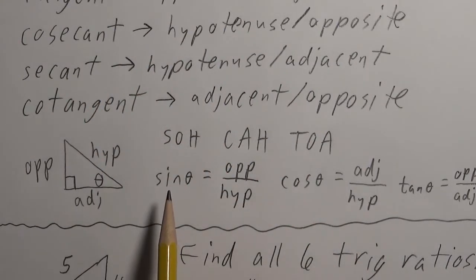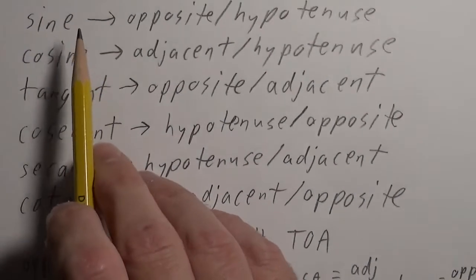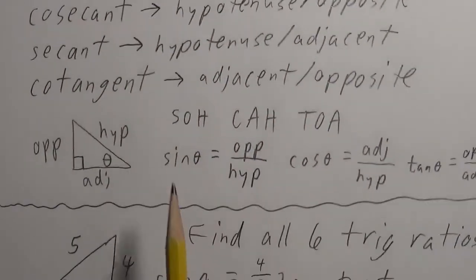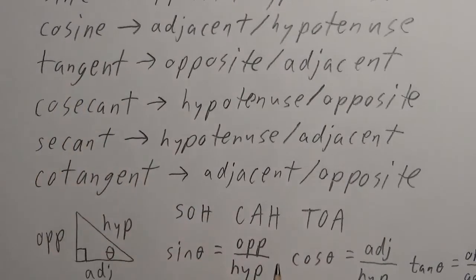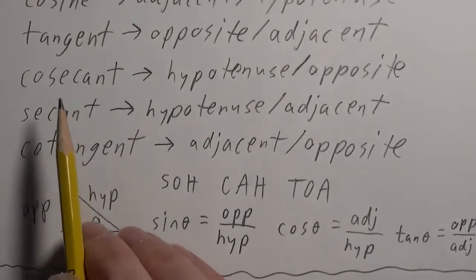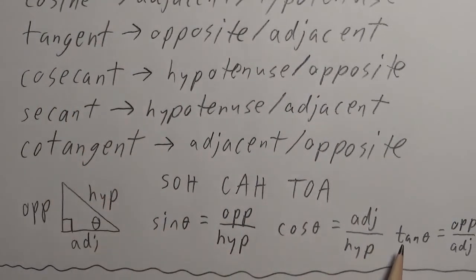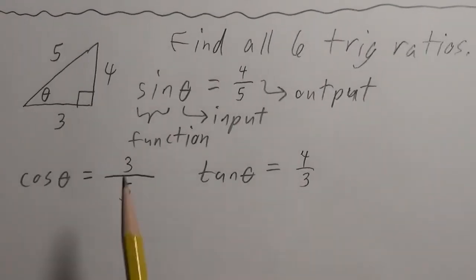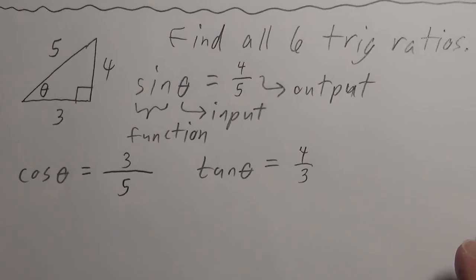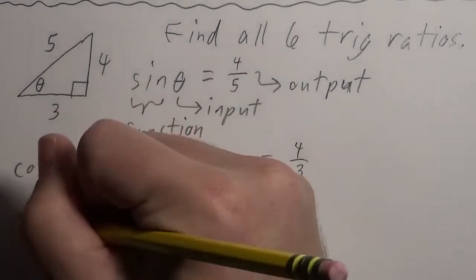Notice that I abbreviated sine, S-I-N-E, with S-I-N. I abbreviated cosine with C-O-S, and I abbreviated tangent with T-A-N. I'm going to abbreviate the reciprocal of sine as cosecant, C-S-C.